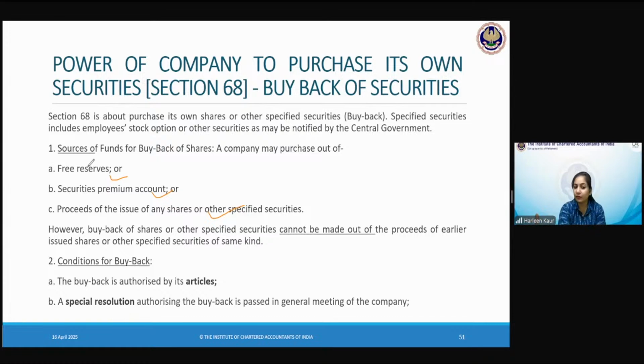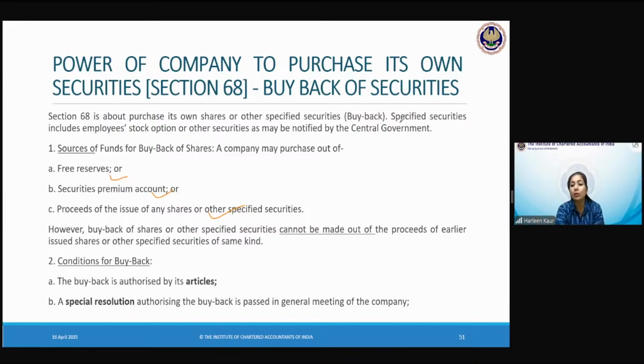If the company has free reserves, they can utilize them for buyback of securities. If the company has a security premium account balance, that can also be utilized for buyback. Same free reserves and security premium were for bonus shares also, but there it was except revaluation. Here there is no such exception. And also whatever fresh shares you issue, out of that money you can buy back your own securities.